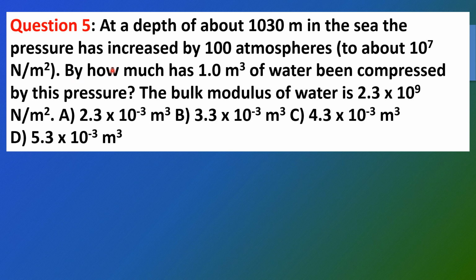Question is, by how much has 1.0 cubic meter of water been compressed by this pressure? Given that the bulk modulus of water is 2.3 times 10 to the 9th power Newton per meter squared.